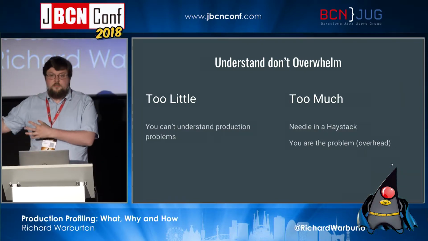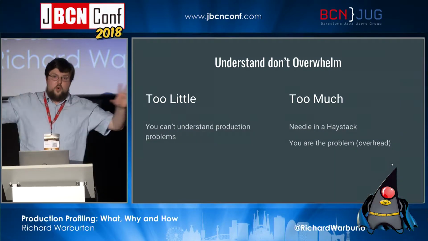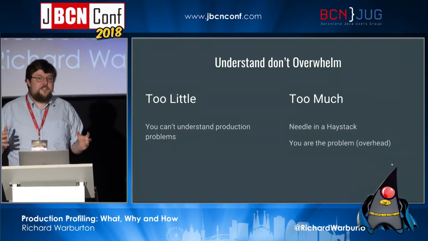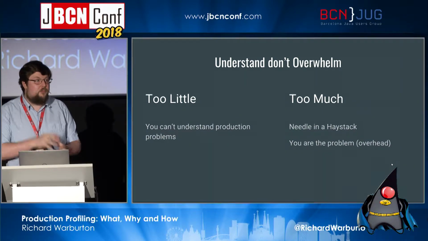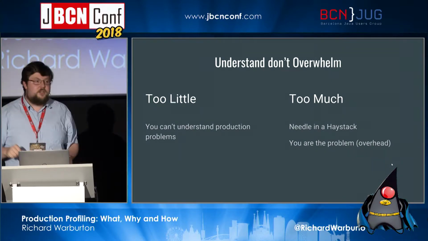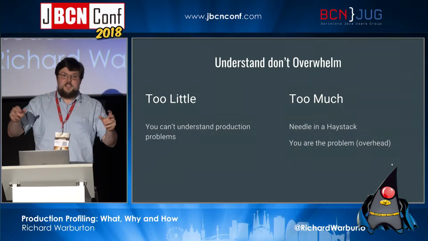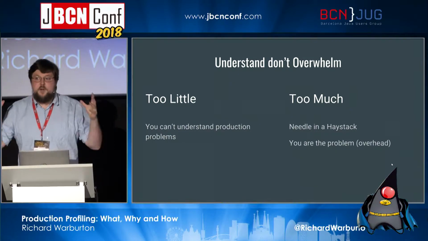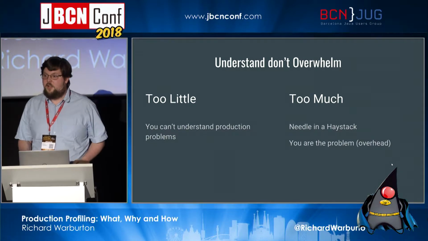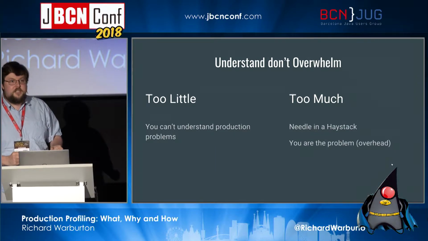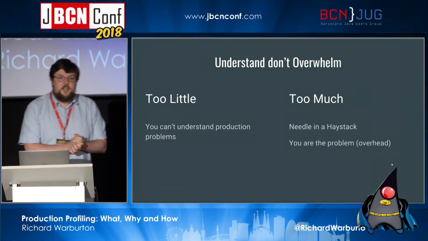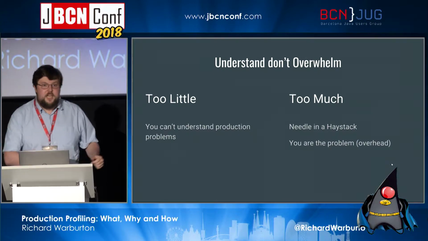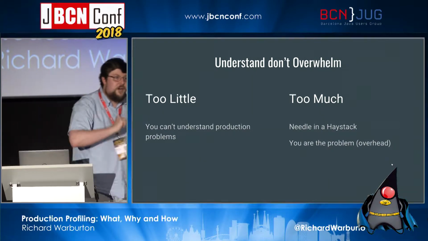But if you have too much information, if you get all the metrics from all the graphs in the world, it can often lead to a needle in a haystack problem where you're looking around to see what the problem is. My favorite metaphor that I've heard for this kind of diagnostic approach is murder mystery debugging, where you go through the different things that your system's doing, and like, at the end of, say, a Hercule Poirot mystery, you go through and accuse all the different components in your system.